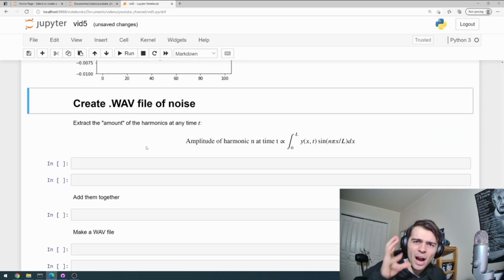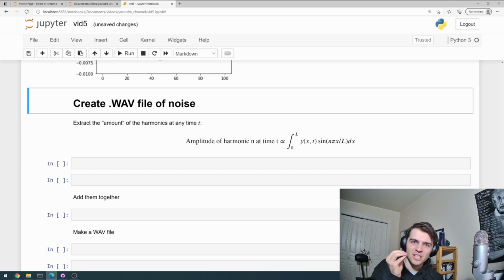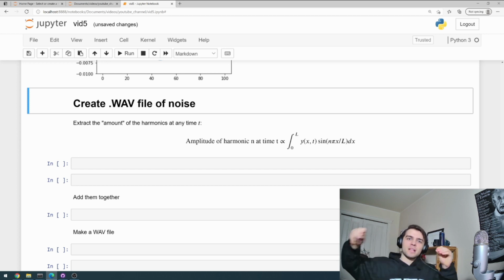Now you might think, how are we going to do this? We have this oscillation of a string, but I don't really know what noise that makes necessarily. Now what we can do is extract the amount of each harmonic at a given time. Remember that the first harmonic would be like a sine wave, the second harmonic is another sine wave, and the function is built up of these harmonics.